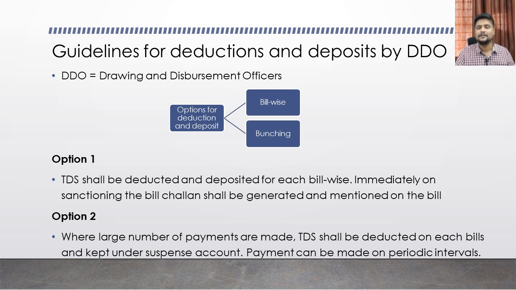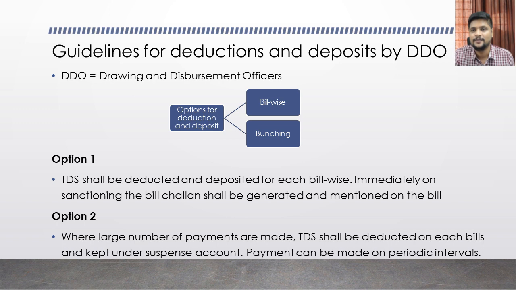If in a month many bills are passed, TDS will be deducted on each and every bill, but the deposit of TDS will be accumulated and can be deposited at stated periodic intervals. It can be weekly, fortnightly, or monthly. But it cannot be bi-monthly or yearly, because for every month TDS has to be deposited.